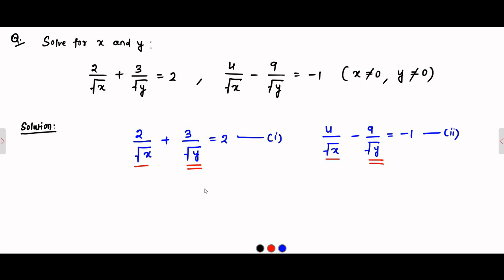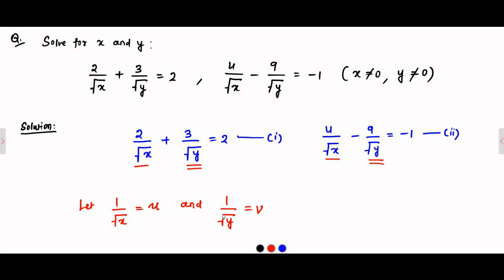So here we'll make the substitutions. Let 1 by root x be equal to u and 1 by root y be equal to v. Okay.